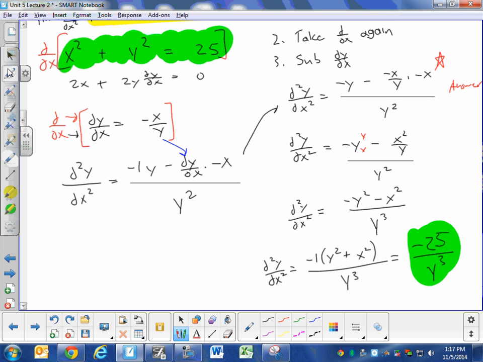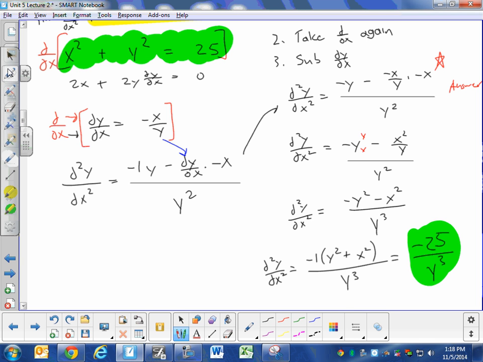Now, what's fascinating about this? Let's think about my circle with a radius of 5. x squared plus y squared is equal to 25. Let's think about when my y's are positive. I'm in the top half of my circle. So y is 1, top half of the circle. If I plug in a y that's 1, what do I get?